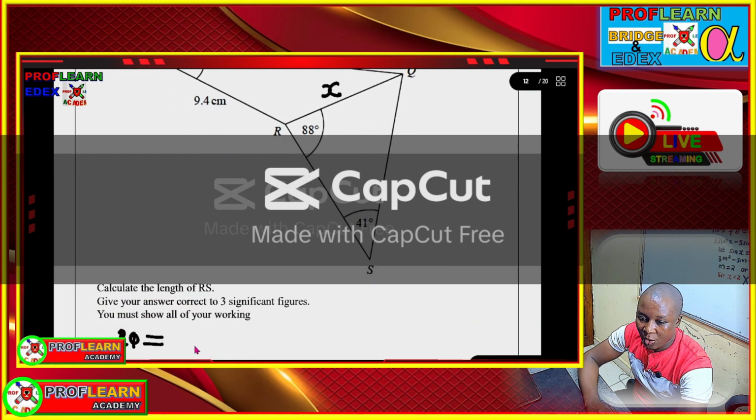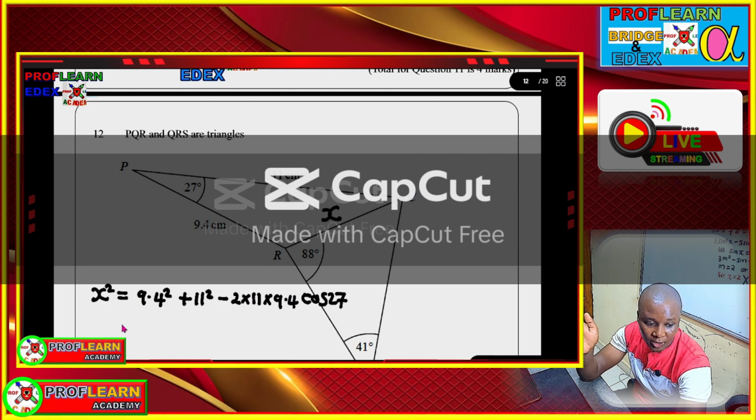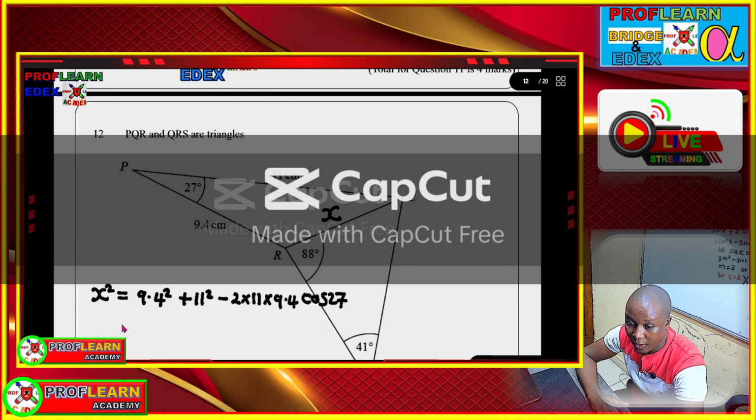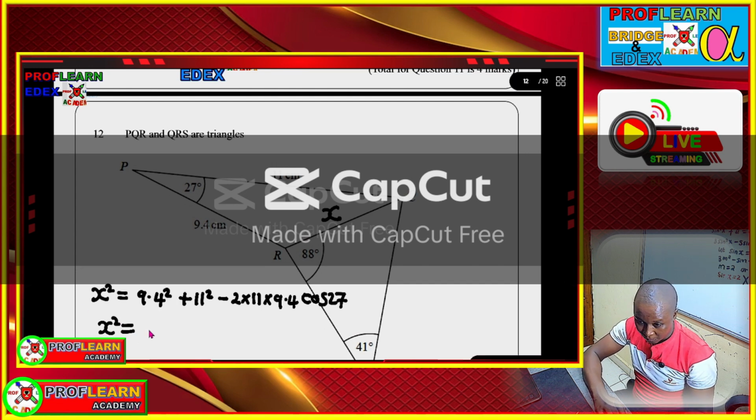To find RQ, we let it be X and then apply the cosine rule. That is X squared equals 9.4 squared plus 11 squared minus 2 times 11 times 9.4 cos 27, because 27 is the angle opposite the line X that we are trying to find. That's how you apply the cosine rule.